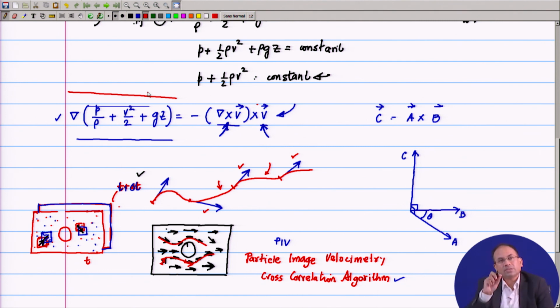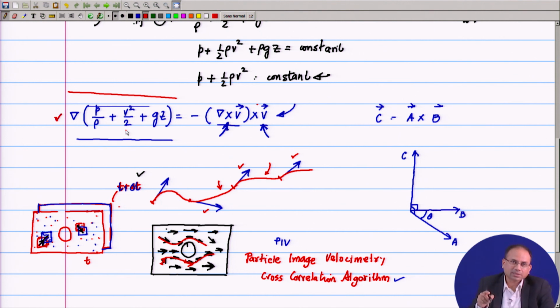So, what is the component along the streamline direction then? If a vector is perpendicular to another vector, it means that it has no component along that, none of these vectors have a component along each other. So, then we can say that since the direction of this one is normal to the velocity vector, hence normal to the streamline direction, that means this thing has no gradient along the streamline direction. Whatever it has is normal to the streamline direction.